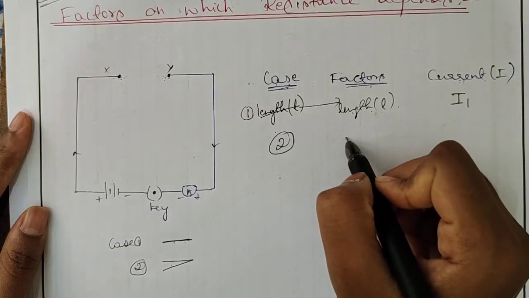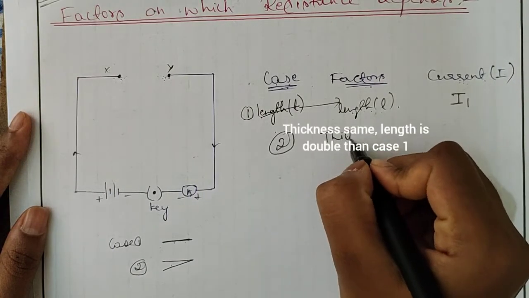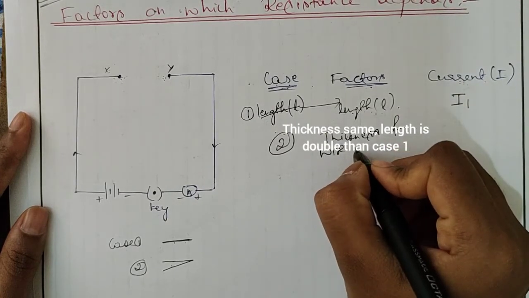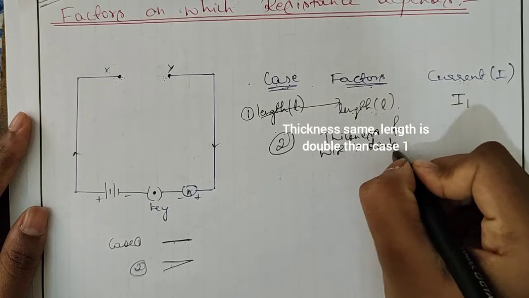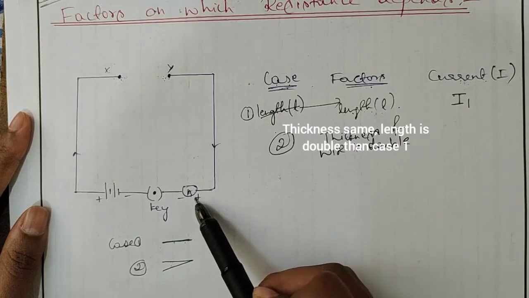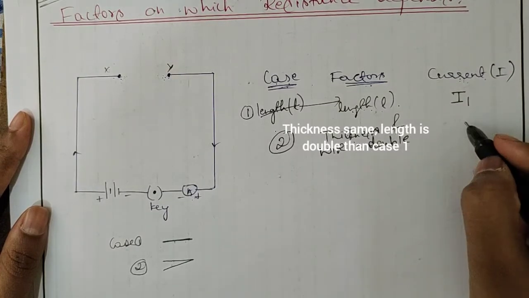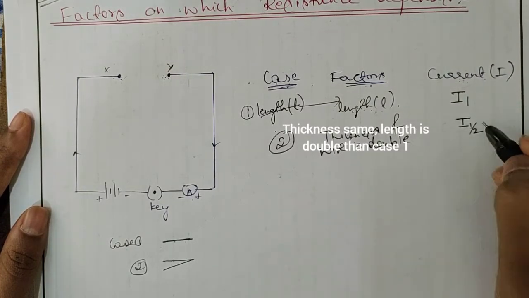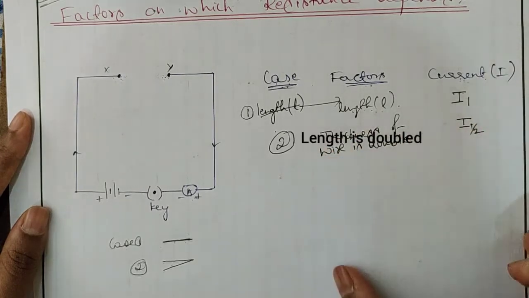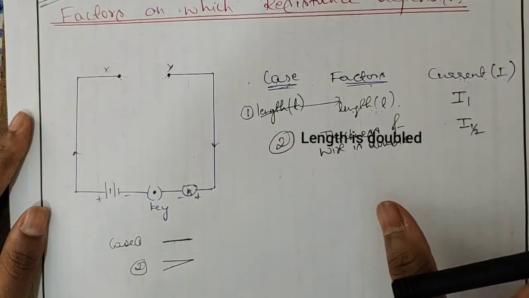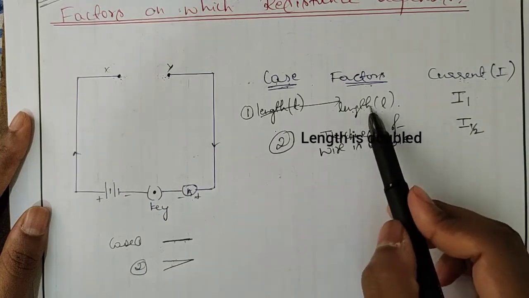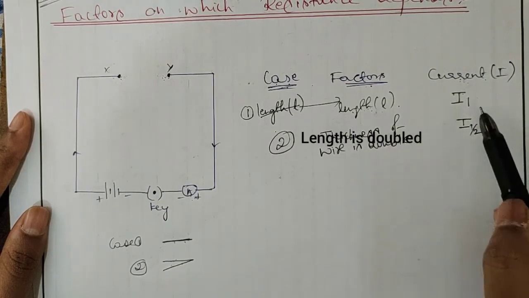In the second case, I need to write length of wire is double. Again as usual, I need to observe what happens in the ammeter, that means the current reading. Now in the second case, we came to know that the current is half of the first reading. Understood? Later we'll analyze. First we'll just note the observations in the tabular column. So in the first case I took a wire and noted the current value. In the second case, same wire with double length, and I got half of the first value.